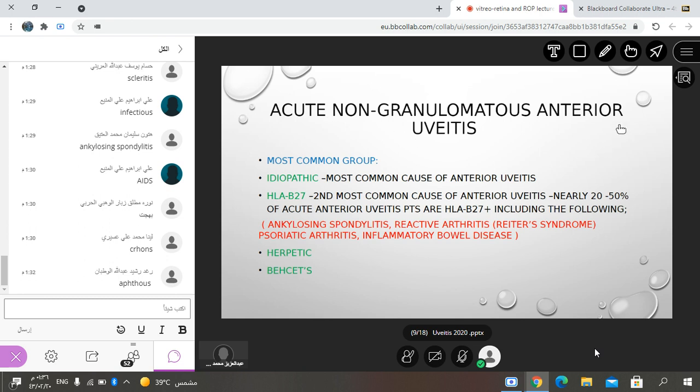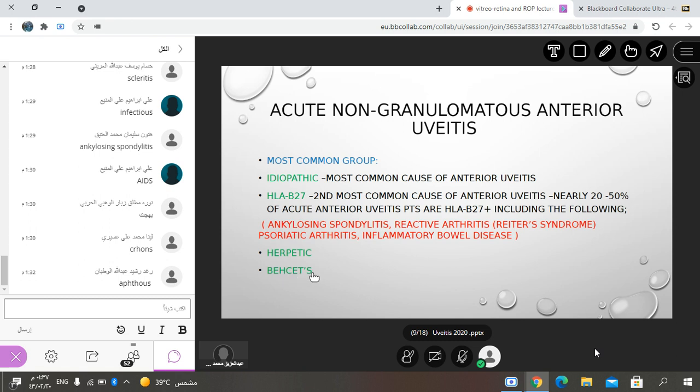The common uveitis entity that we have is the acute non-granulomatous anterior uveitis. And the most common group is idiopathic, the most common cause of anterior uveitis. HLA-B27, you mentioned ankylosing spondylitis, reactive arthritis, Reiter syndrome, psoriatic arthropathies, and inflammatory bowel disease like Crohn's disease, which was mentioned by one of you, herpetic and Behçet.